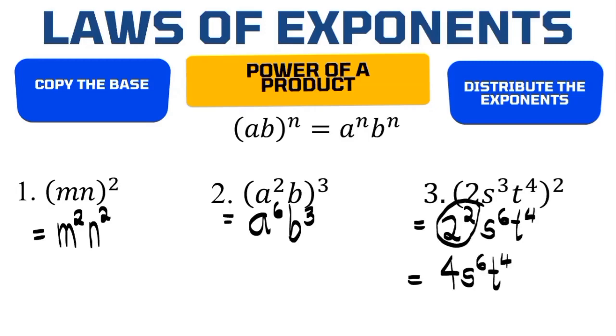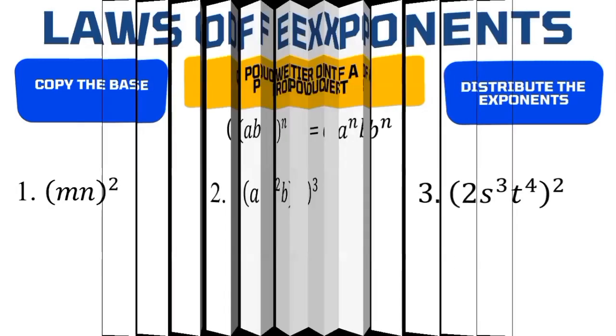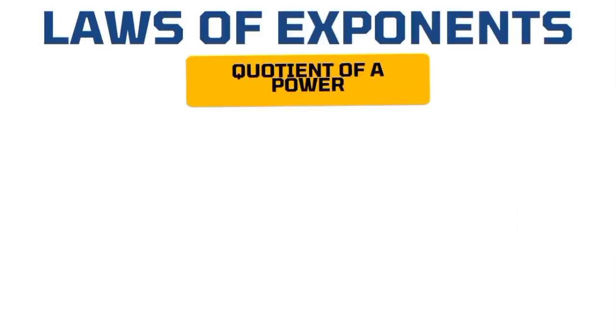Let's proceed to the fourth law of exponent. The fourth law of exponent is the quotient of a power, wherein a raised to m divided by a raised to n equals a raised to m minus n. Yes, you're right.